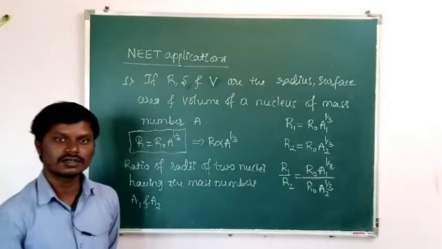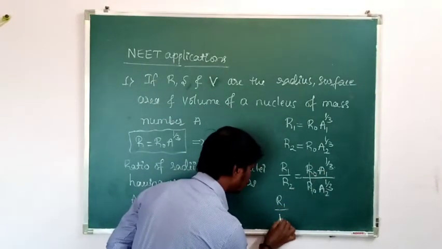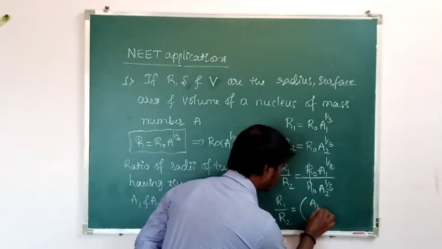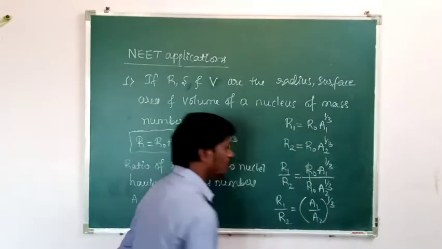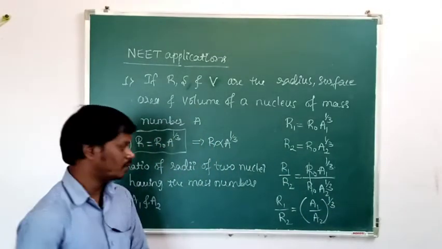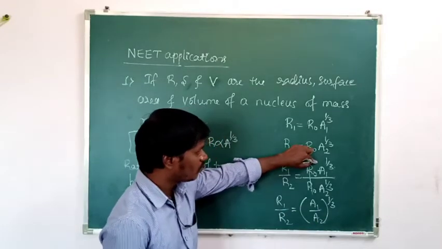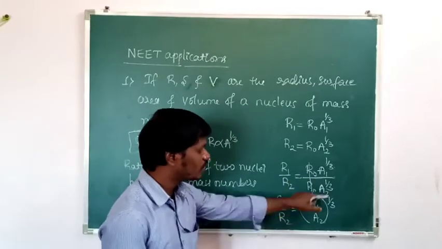R naught gets cancelled. Then R1 by R2 is equal to the cube root of the ratio of A1 and A2, means A1 by A2 raised to 1 by 3. Because A1 raised to 1 by 3 divided by A2 raised to 1 by 3 can be written as A1 by A2 raised to 1 by 3.